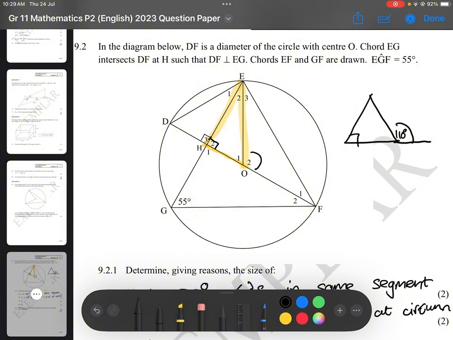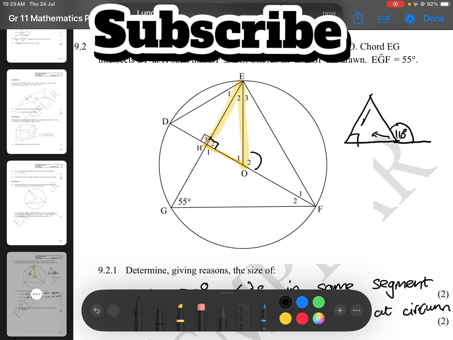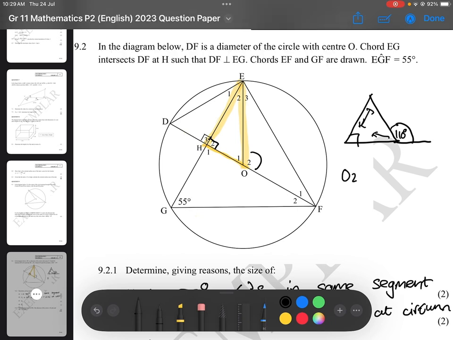I know I have this angle that's 90 degrees. So I know that the exterior angle is equal to the sum of the two interior angles. So therefore I know that O2 must equal H2 plus E2.